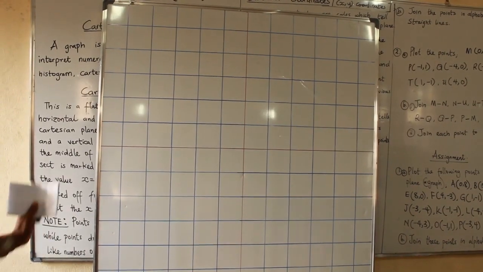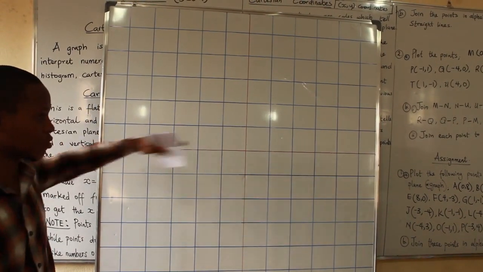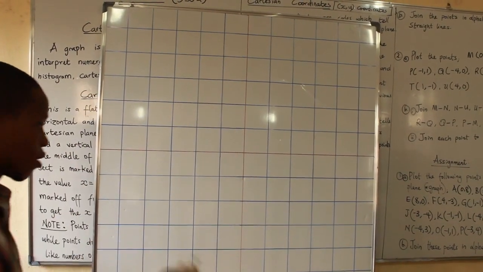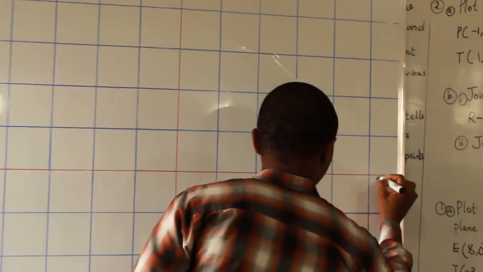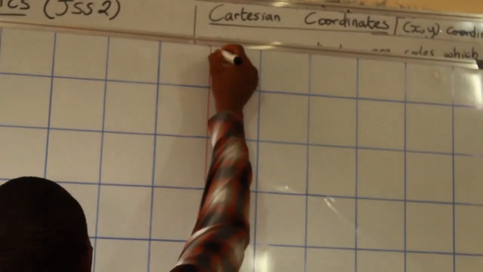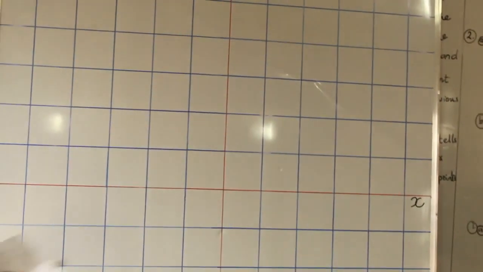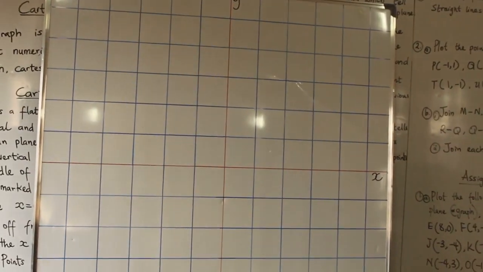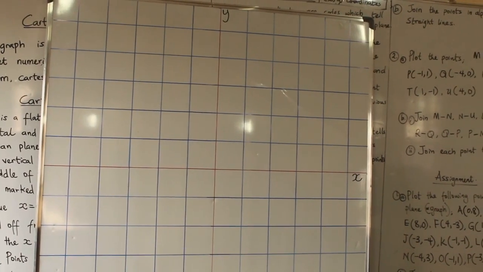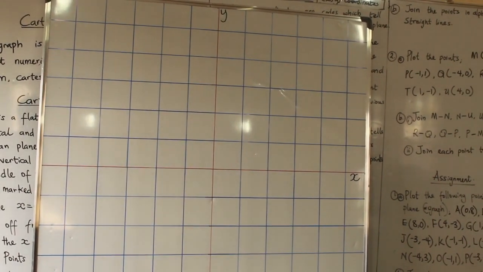Remember, we said lines running from left to right, horizontal lines, are called X axis, and the line running up to down is called Y axis. Now I'm picking the red lines because they are obvious here. So those are our axes.